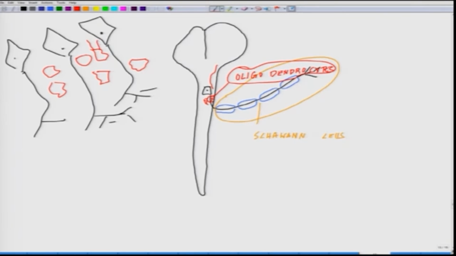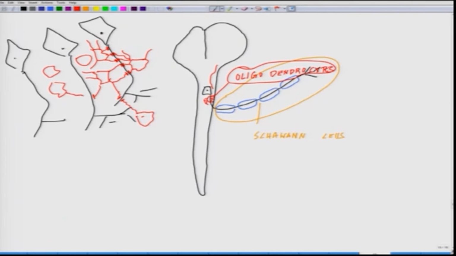These oligos send out these processes, filopodia, like this. So they form something like this. This is where the oligodendrocyte forms myelin. One oligodendrocyte can myelinate 10 or 12 or even more neurons at one point of time.